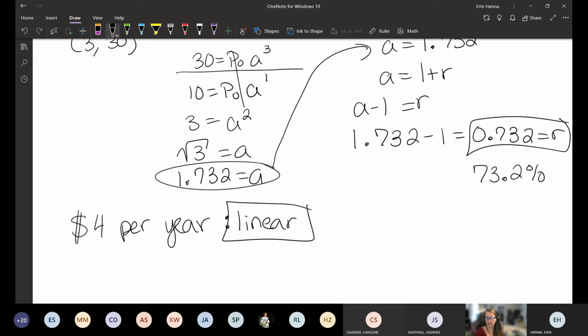So since the word rate doesn't show up, it's not exponential. This is a linear relationship. You would have been given some initial value of like $60 or something like that. I don't know, because I'm not looking at the question. So the equation you'd want would be 4t plus 60, because it's a linear relationship. So we want some y equals mx plus b.